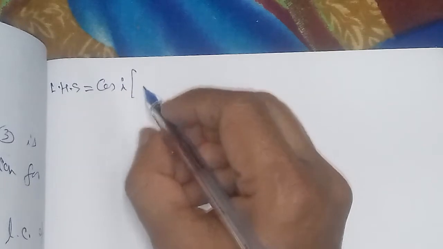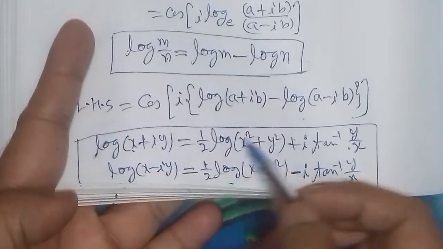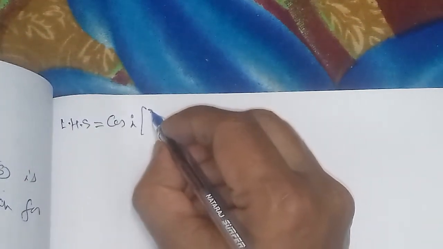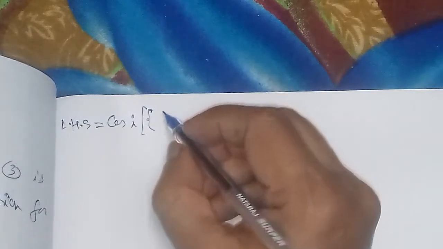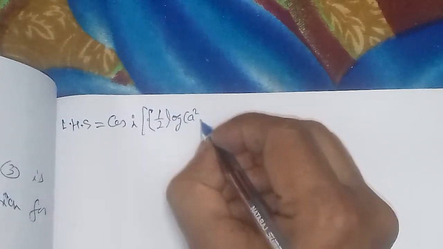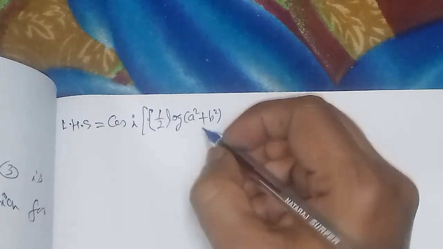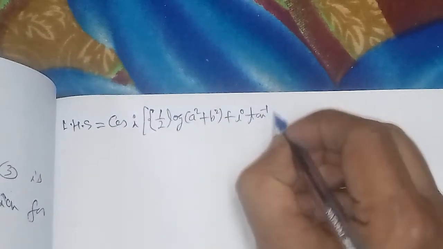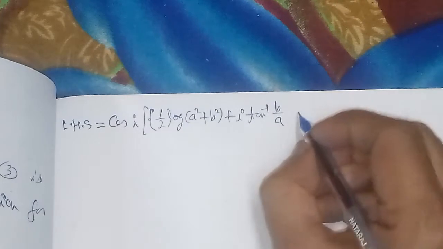Apply this formula first for this, and we write the value in this bracket: log(a + ib) is equal, according to the formula, to 1/2 log of real part a² plus imaginary part b², plus i tan inverse of imaginary part upon real part.